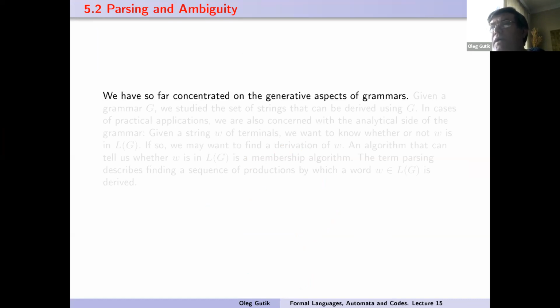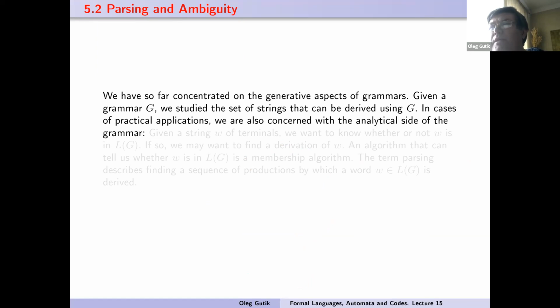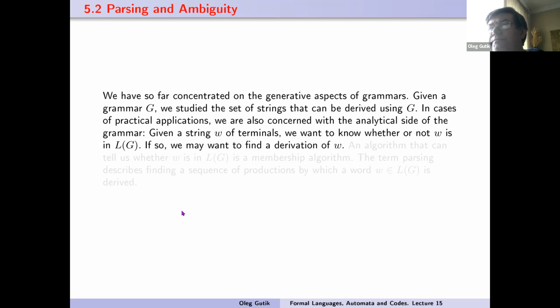We have so far concentrated on the generative aspect of grammars. Given a grammar G, we study the set of strings that can be derived using the grammar G. In practical applications, we are also concerned with the analytical side of the grammar. Given a word w of terminals, we want to know whether or not the word w is in L(G).